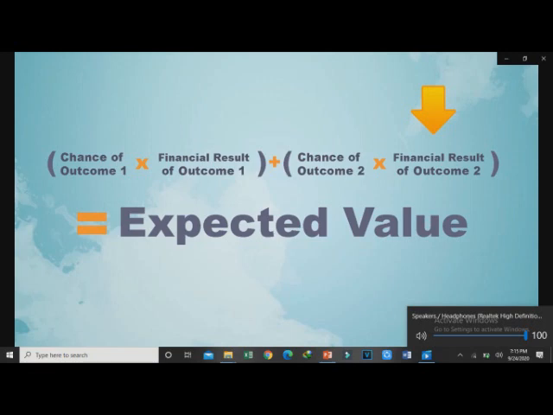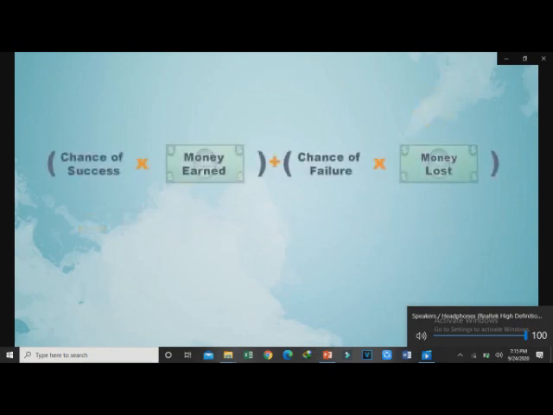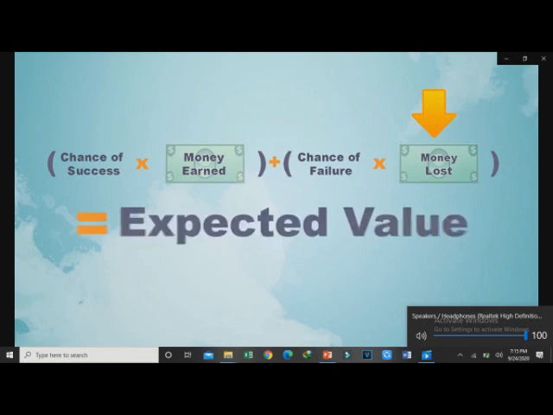Story, you can interpret the equation this way. The chance of success times the potential earnings plus the chance of failure times the potential losses equals the expected value. You can compare the expected value of different options to determine which is the best choice.